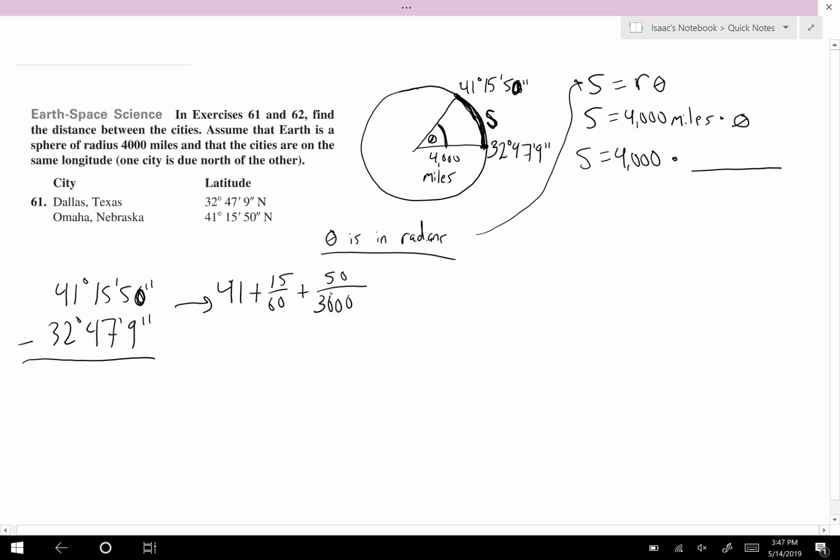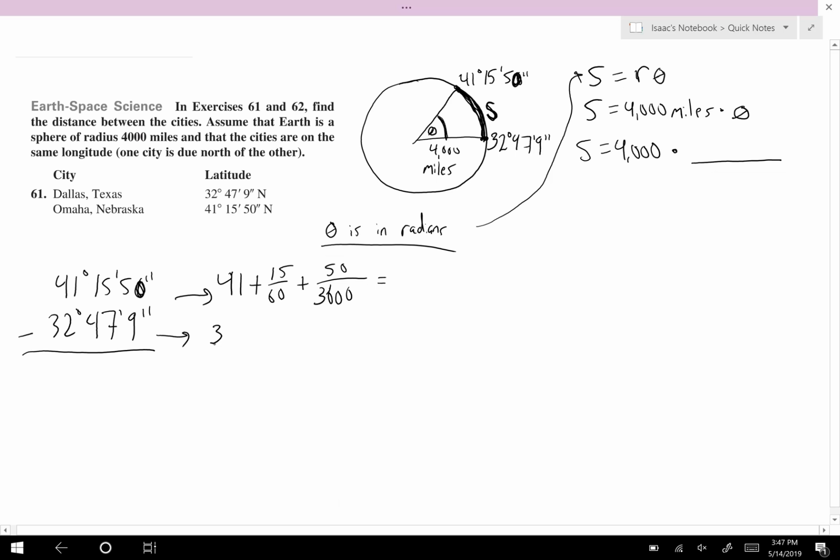And a second is a 3600th of a degree. I'm also going to change this to its decimal degree equivalent. So I've got 32 full degrees. I've got 47/60ths of a degree. And 9 3600ths of a degree.